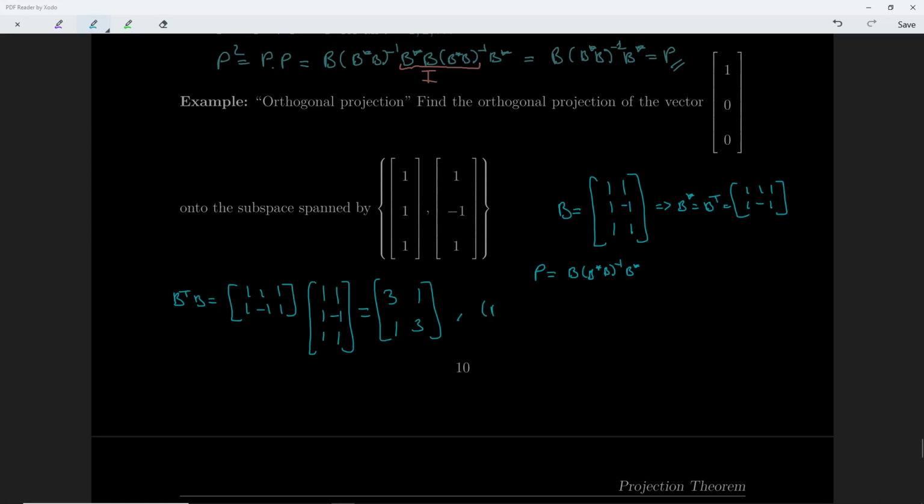And (B transpose B) inverse is going to be 1 over the determinant, which is 8, times the matrix with rows (3, -1) and (-1, 3).